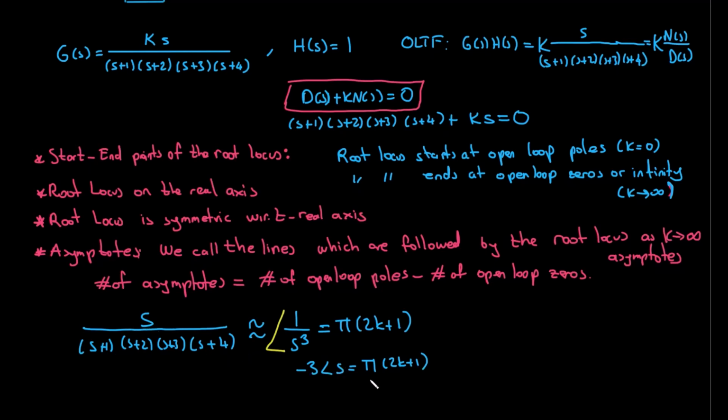The angle of the asymptotes becomes, when k is equal to 0, my first angle, the angle of s, let's say theta 1, equal to minus pi over 3. When k is equal to 1, the angle of s should be equal to pi. That's my second asymptote, the angle of the second asymptote.